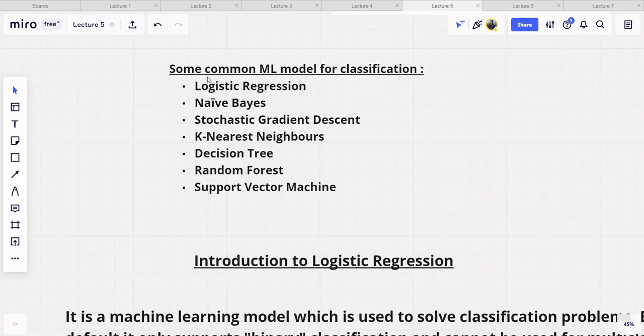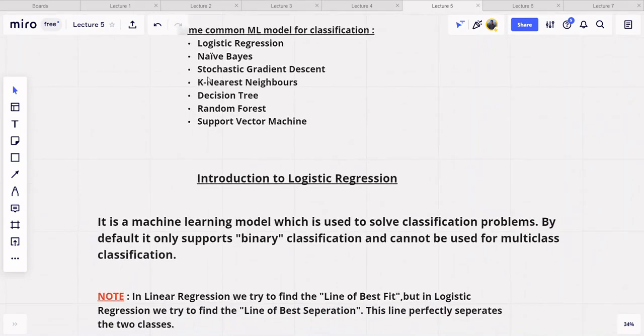In our further videos we'll be talking about other algorithms like KNN, decision trees, support vector machines, etc. All right, so let's get started with logistic regression.